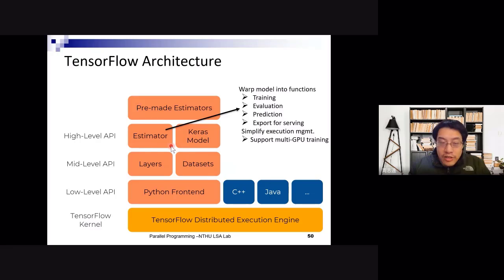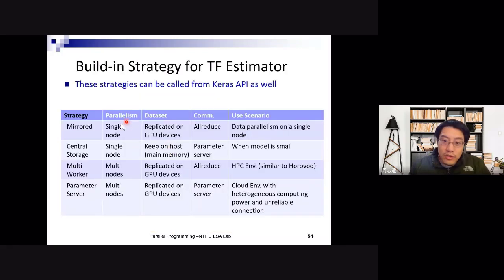In this layer, it defines those distributed methods. So all you need to do is call the API for distributed training and choose the strategy you want to use. And with the cluster spec you provide, the TensorFlow engine will know how to generate the DAG we mentioned, and it will manage the computing for you. Okay.